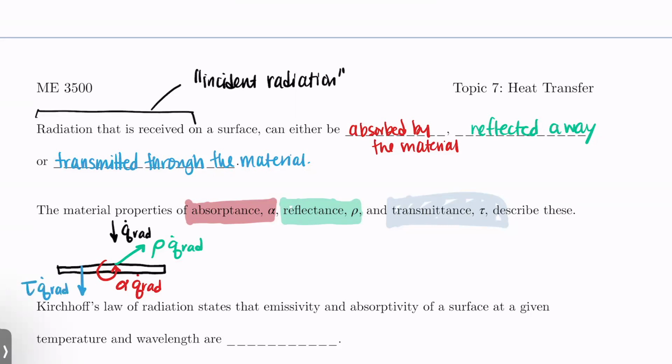It turns out that all of the radiation will be split between these 3 ways and it goes nowhere else. So Q dot radiation is the amount absorbed, alpha Q dot rad, plus the amount reflected, rho times Q dot rad, plus the amount transmitted, tau times Q dot rad. Does that make sense?